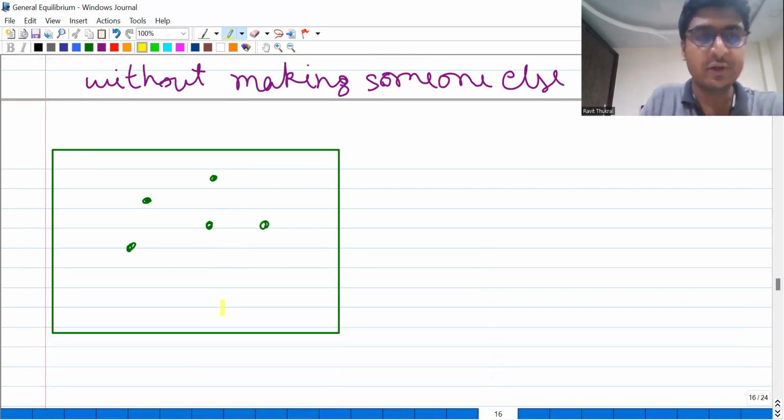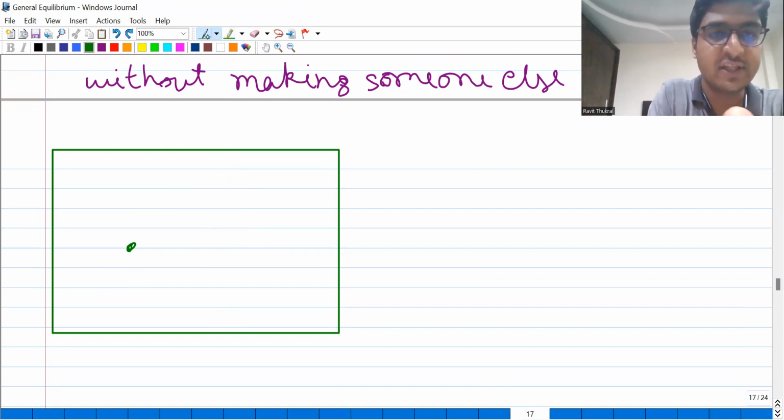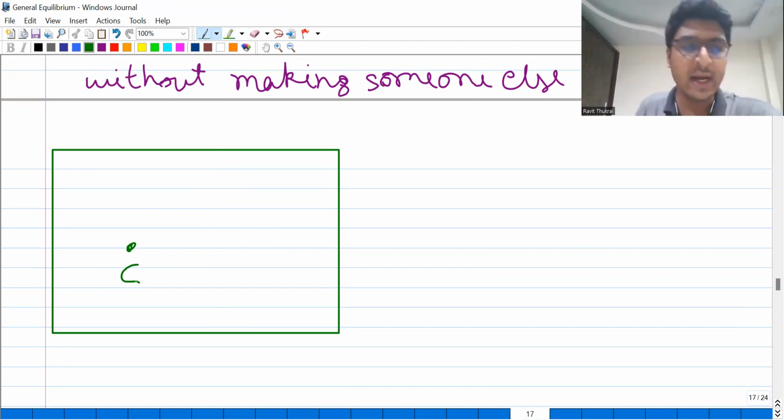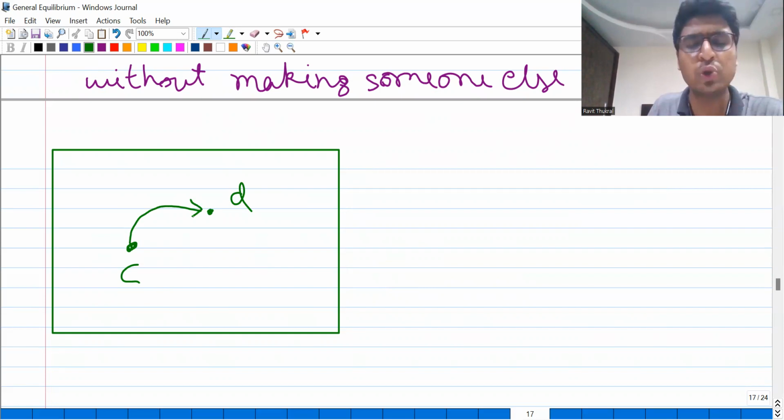Okay, so let me call this particular point C. Okay, so this is point C, and this definition is saying that if there is a way to reallocate, to redistribute this bundle and move to a different bundle where both are better off.